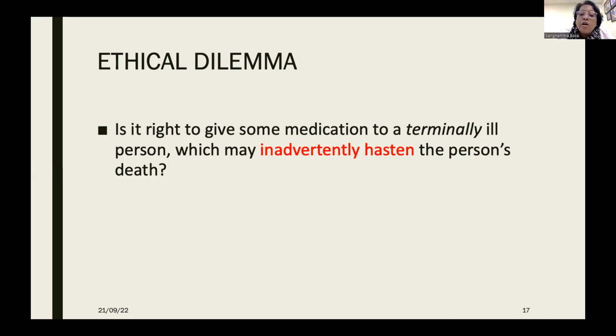Or why are we going to give this medication to this patient? Right. So the justification here is we have to relieve the patient of the terminal restlessness. And hence, we have to give that patient midazolam. Otherwise, the patient is going to pass away with restlessness only. And that is the most dreadful condition for anybody to handle.